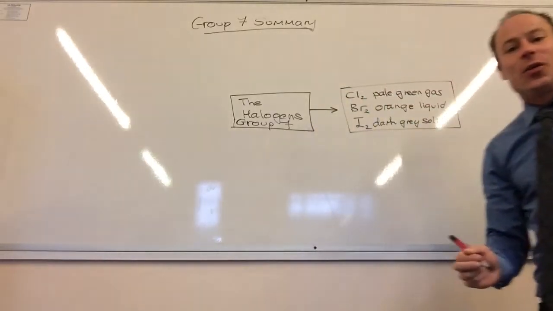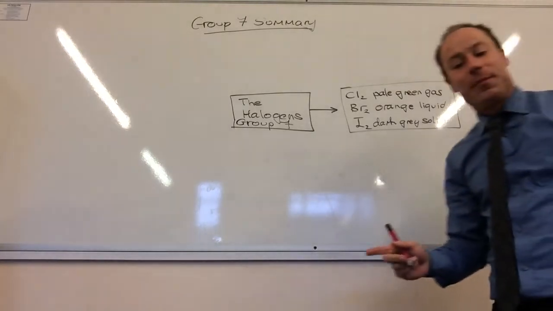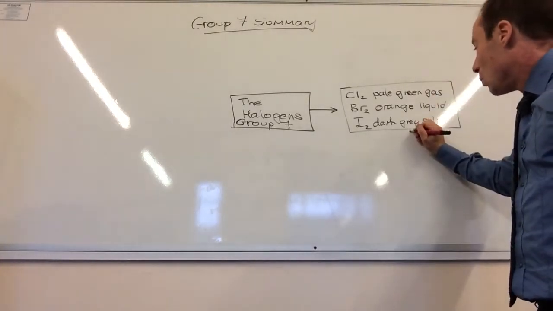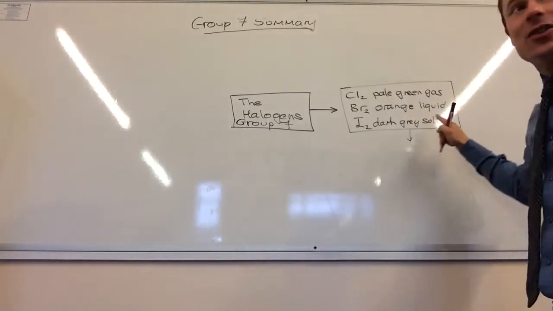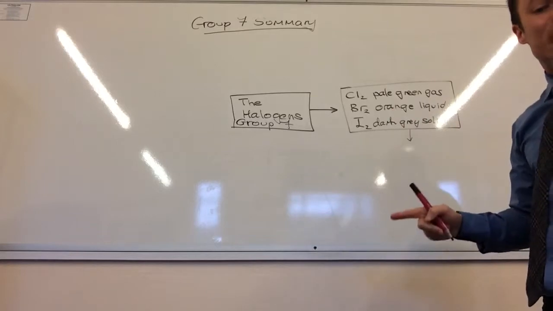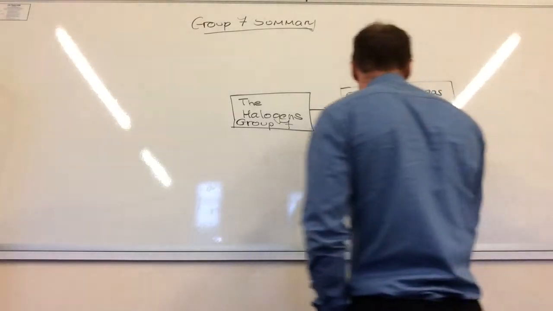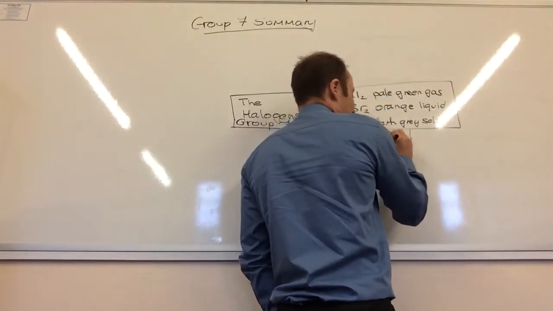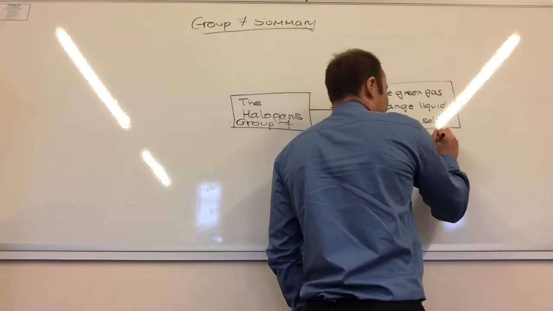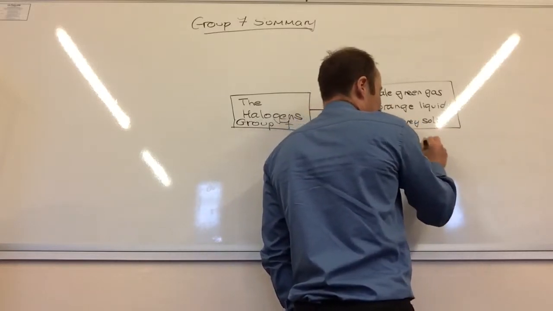So you need to know what they are. Now the other thing you have to talk about is why is chlorine a gas, bromine a liquid and iodine a solid? Why do their melting points and boiling points vary? The reason is, melting points and boiling points increase down the group.